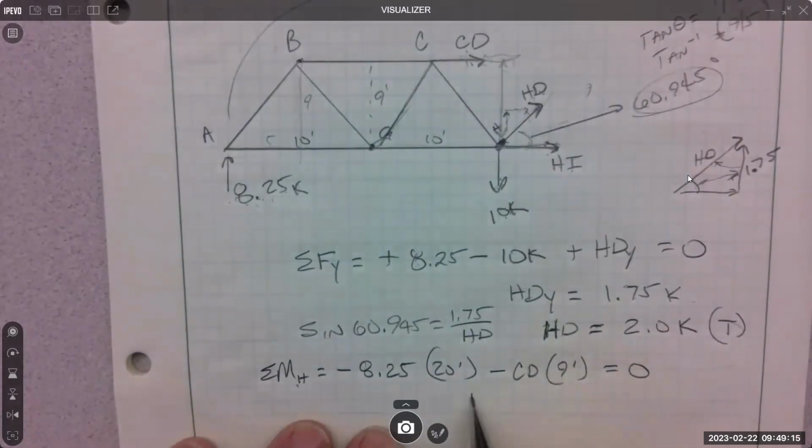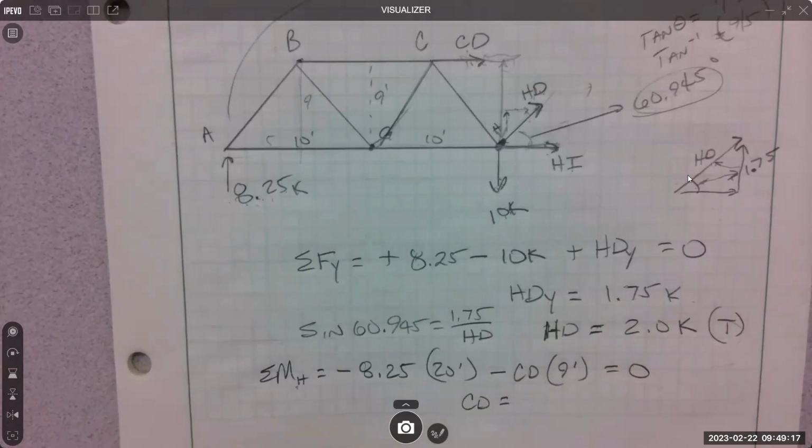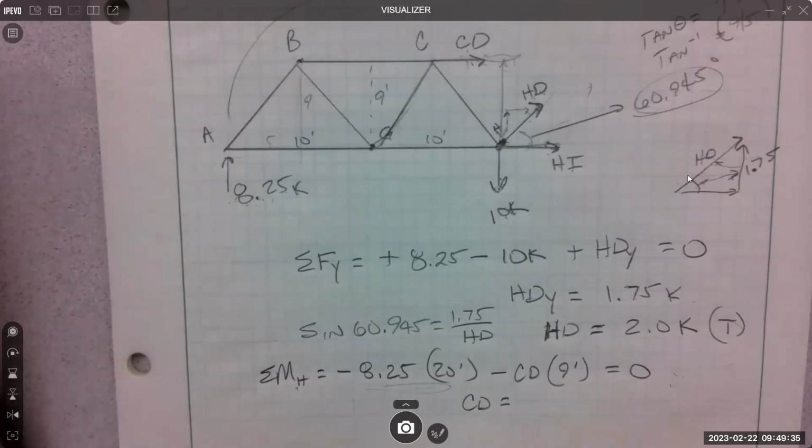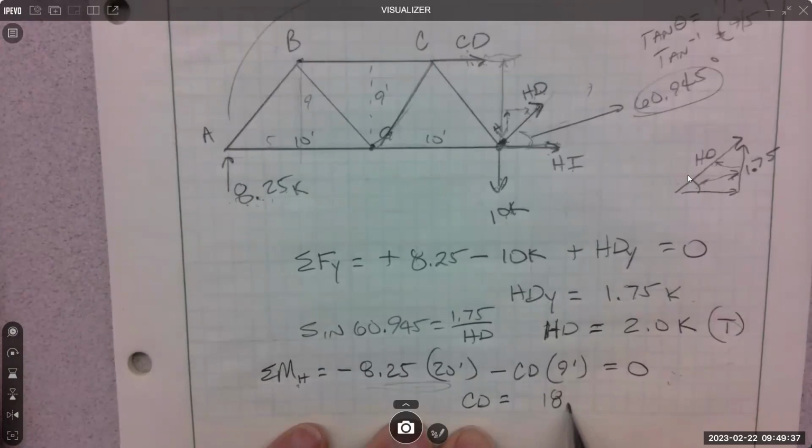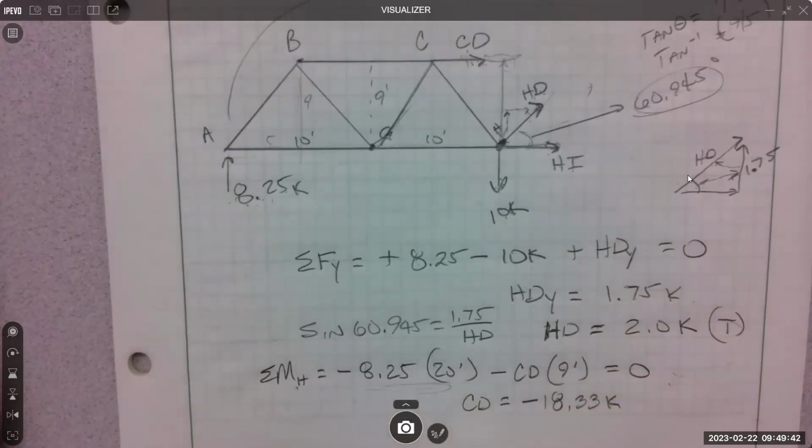Now we've got to solve for CD. So this moves to the other side, becomes positive. This stays negative, so we're going to end up with a negative number. What does the negative sign mean?